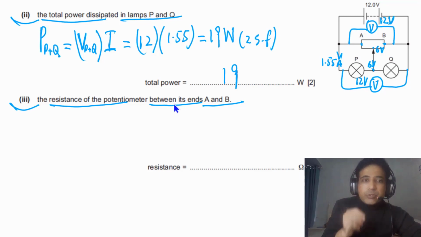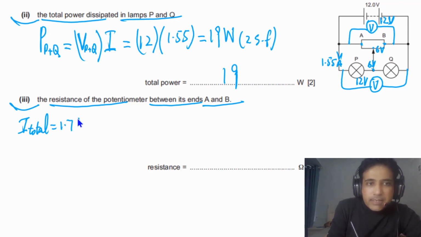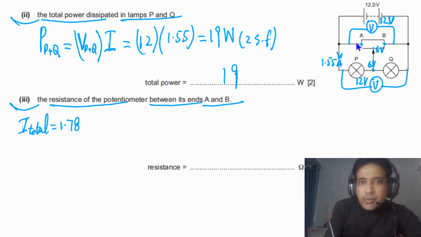Also in this question, it is given to us that I total in the battery, means in this circuit, is equal to 1.78. The current passing through AB, let's say that current is I1, and the current coming from the battery is I0, and I2 we have already calculated.